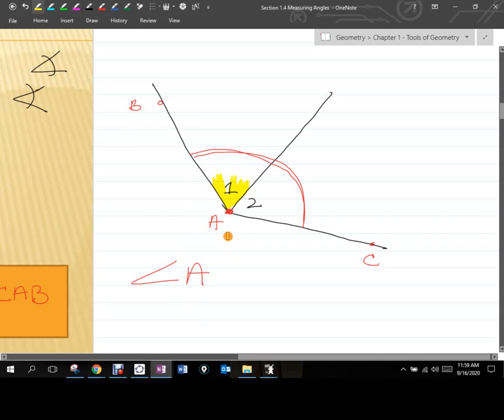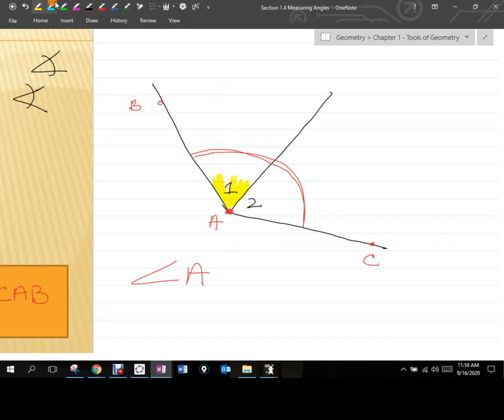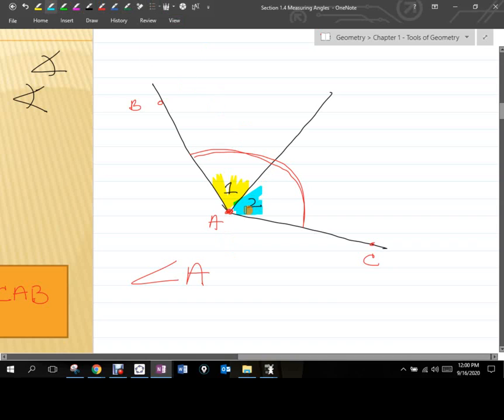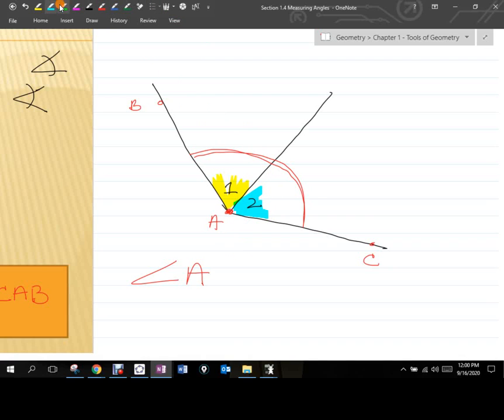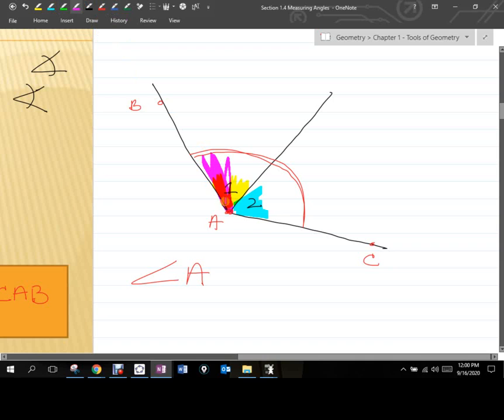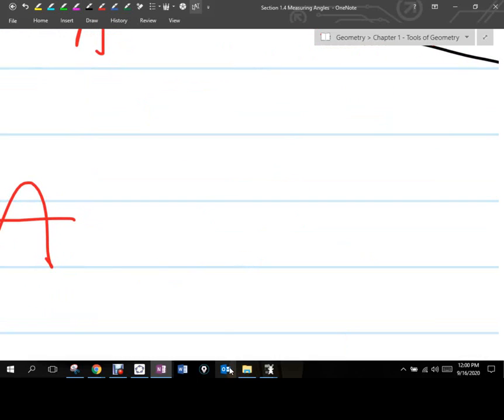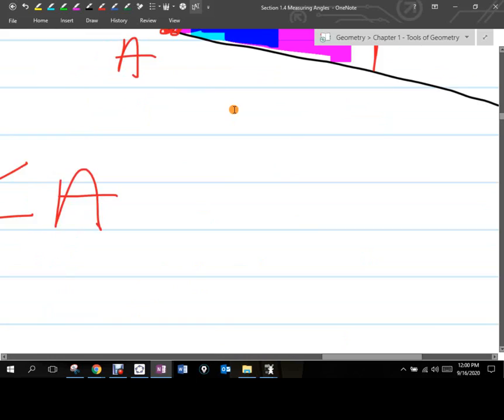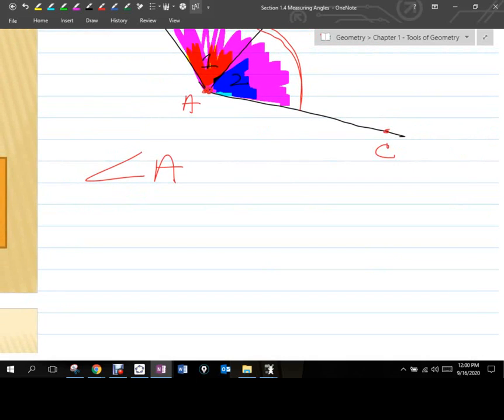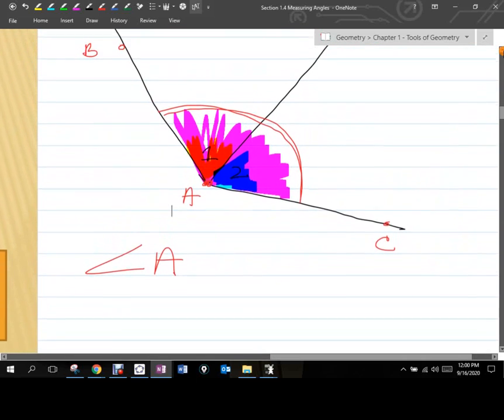Because that's got vertex A. Some of you would be looking at angle 2 because that's got a vertex A. And then some of you might be looking at, I don't like this purple color, but you'd be looking at that angle because it has vertex A, right? So we have 3 groups of people looking at potentially 3 different angles. And that's a problem if we're going to try to talk about some procedures in the way we do things.